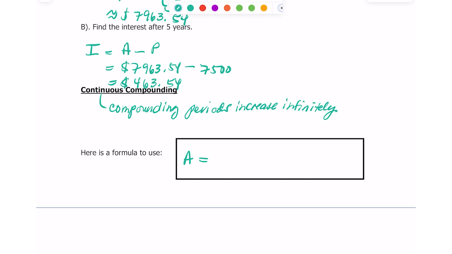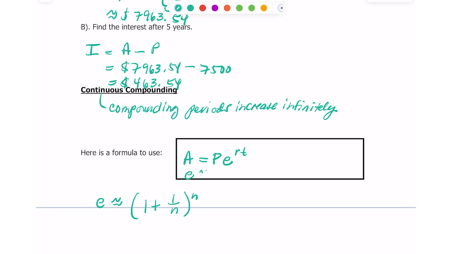And e really just stands for 1 plus 1 over n, to the n power. Remember the expression was 1 plus r over n to the n times t, so we're just tweaking that portion of the formula. In place of it, we put e, so it's P times e to the r times t power. This is for continuous compounding.